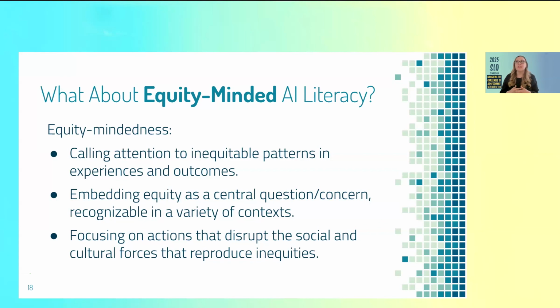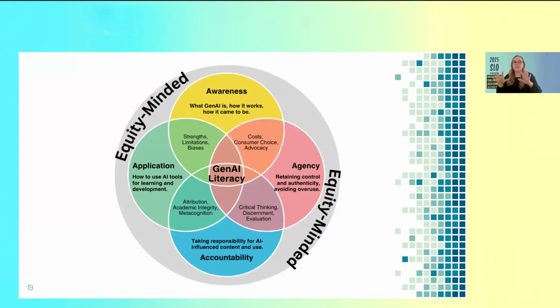So it was really important to me as we were developing this course to think broadly and equity-mindedly about AI literacy. And to me, that meant everything has to be put into this equity lens, or the equity lens needs to be able to cut across all of these things.